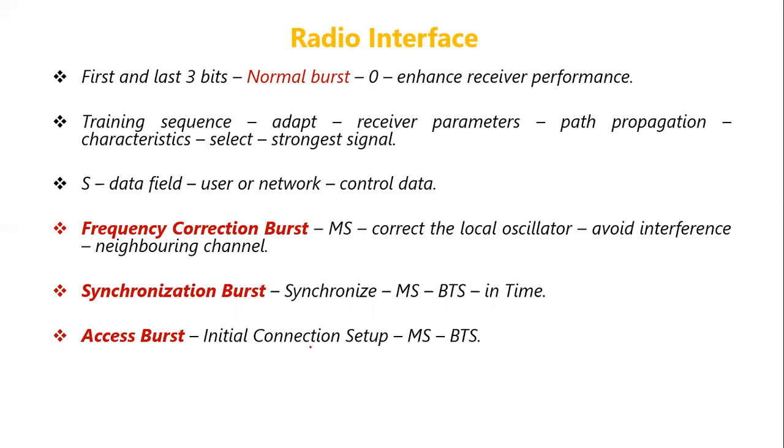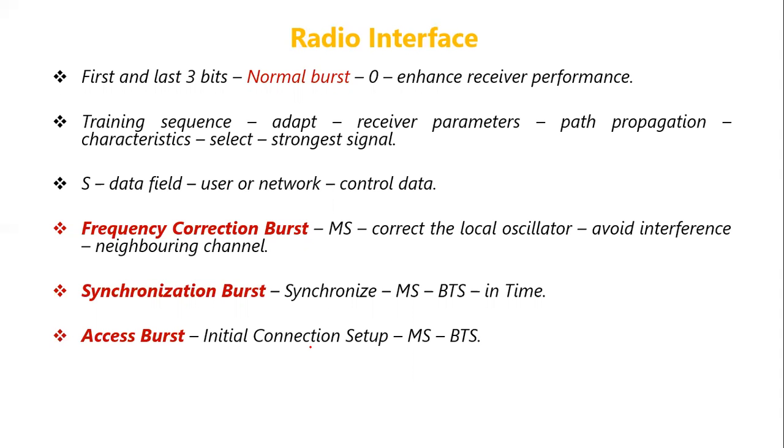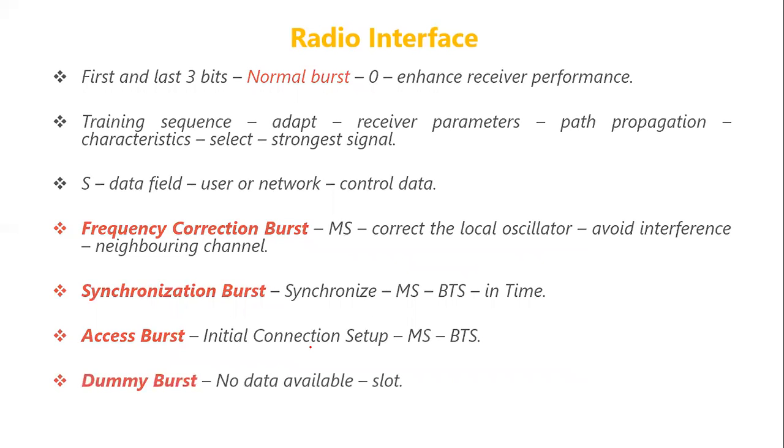And also there is a dummy burst. It is used if no data is available for a slot. And also there is an access burst. It is used for initial connection setup. Under normal burst, we have all these four bursts.